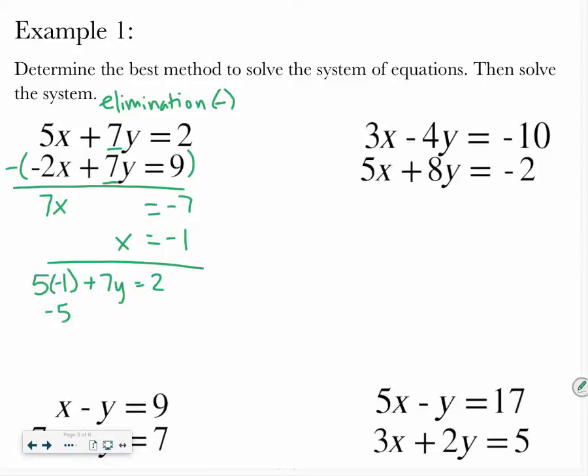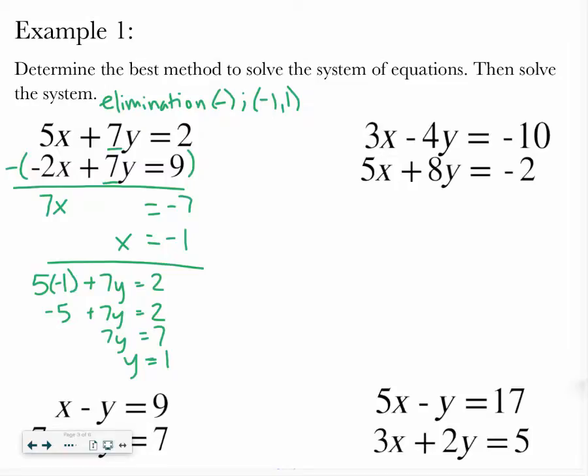So I have negative 5 plus 7y equals 2, or 7y equals 7, y equals 7. Oh, not 7, 1. That is something I see you guys do when you try to rush, where you will accidentally make a silly calculation error like that. So make sure you take some time and check your answers. So then, writing it as an ordered pair, we have negative 1, 1 as our answer.